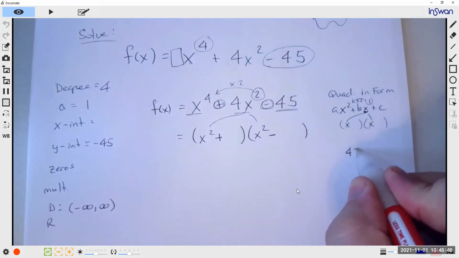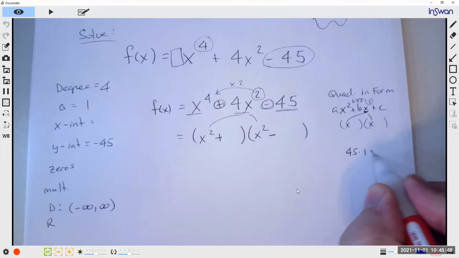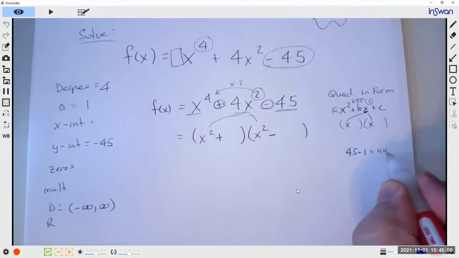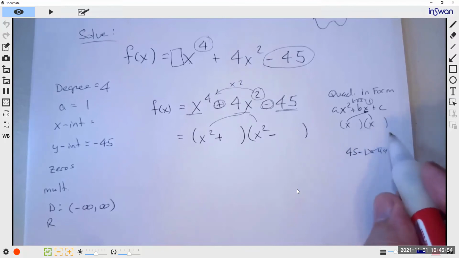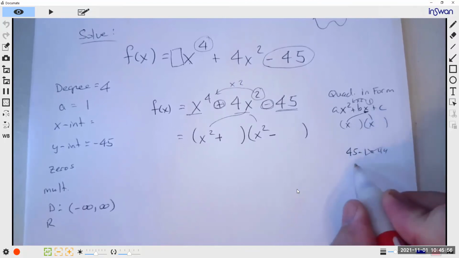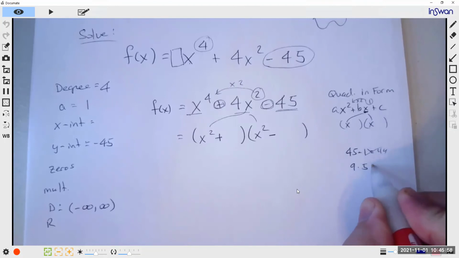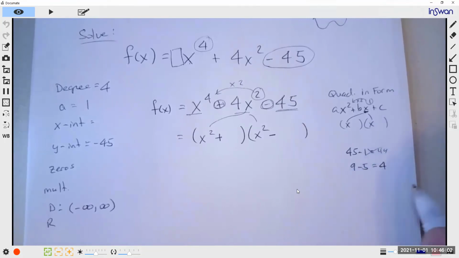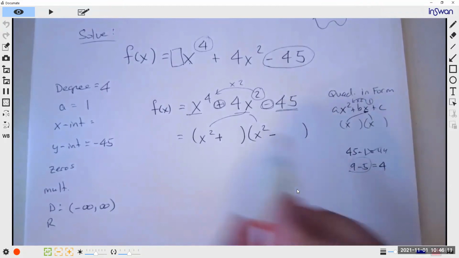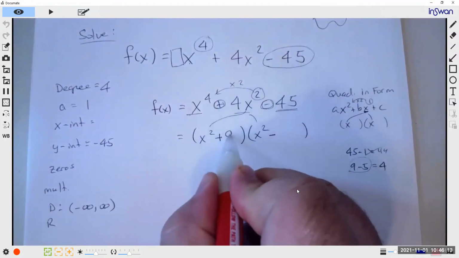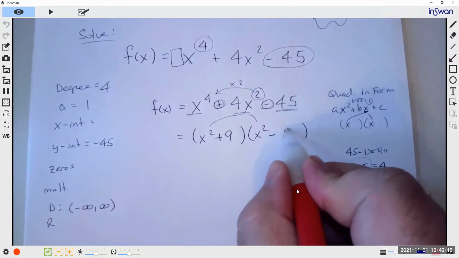So 45 times 1, but 45 minus 1 is 44. That's not right. 2 doesn't work, 3 doesn't work, 5. 9 times 5 is 45. 9 minus 5 is 4. So 9 and 5 are the numbers. So the plus, 9 gets there, 5 gets that one.